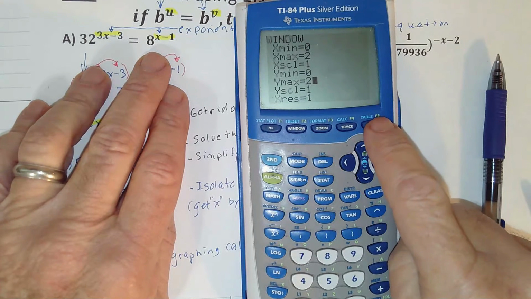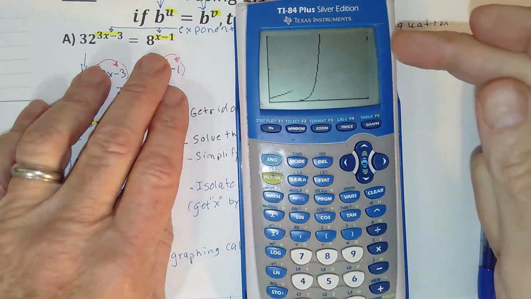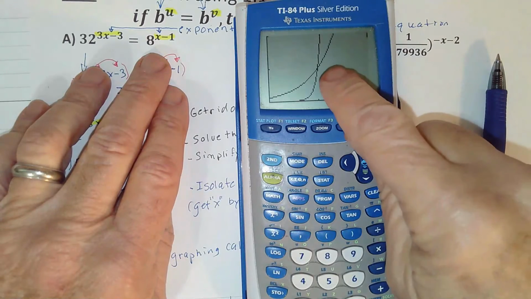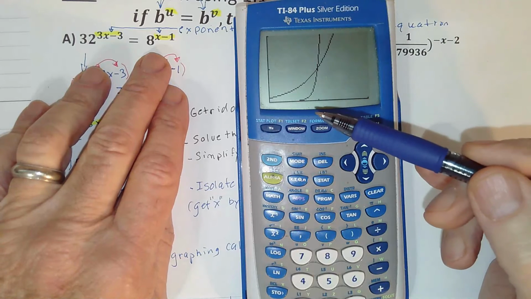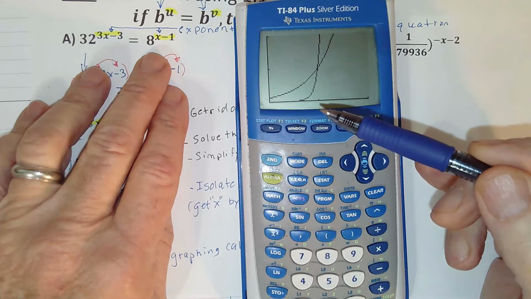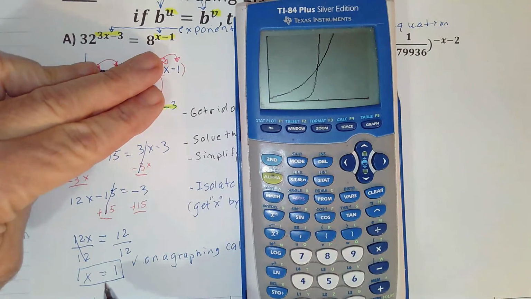And then I'm going to go back to graph. And so you can see here where it crosses, and it may be hard to see the little tick mark here, but this is x is 1. And down here, this is x is 1.